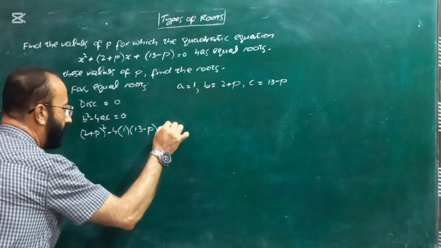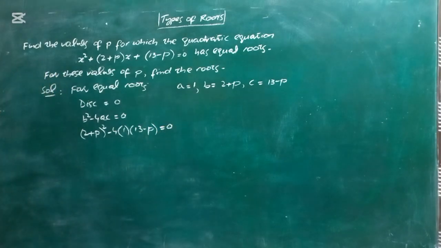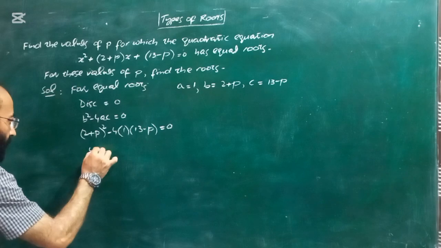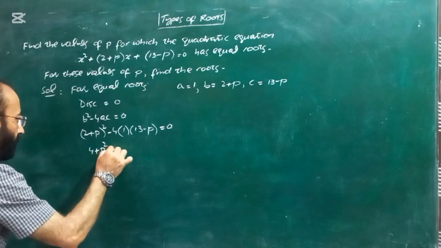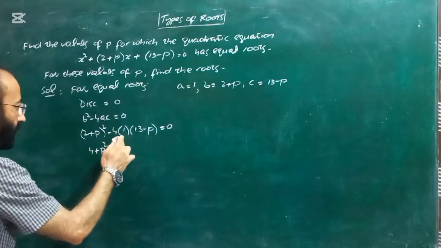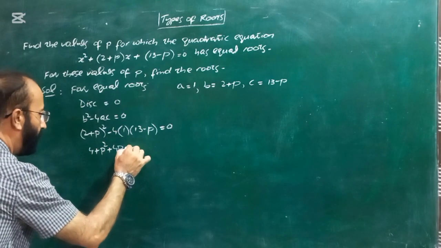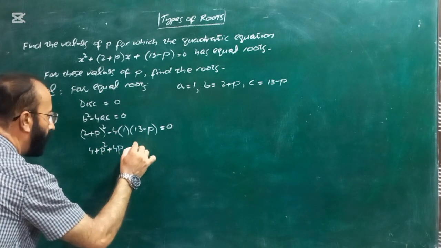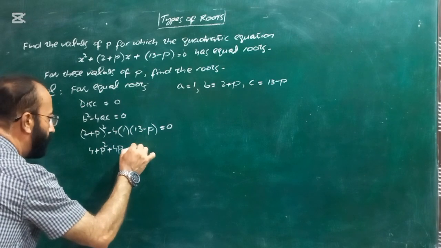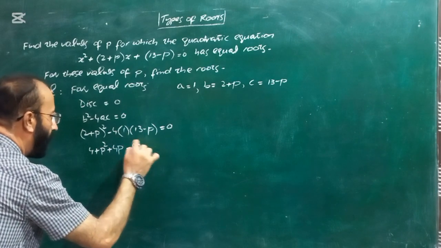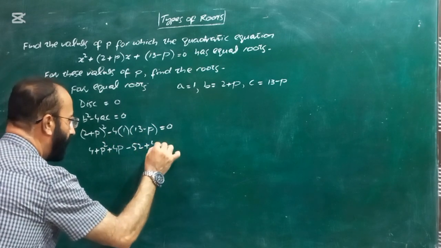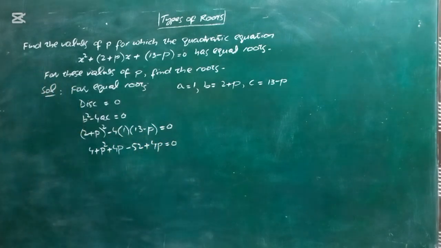So now we are going to solve it. Here the (a plus b) whole square formula will be applied. So a square plus b square plus 2ab, and this 4 is going to be multiplied inside the bracket. So 13 fours are 52, minus minus plus 4p equal to 0.